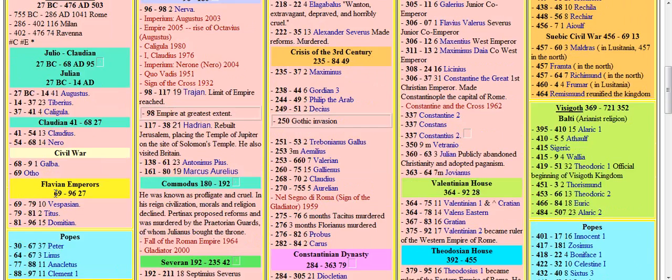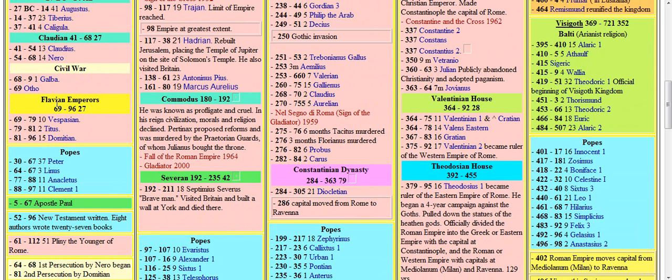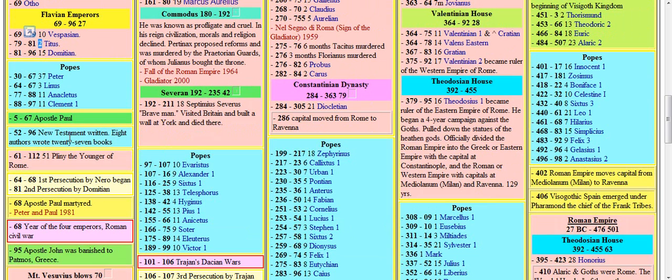Then the Claudian, with Claudius and Nero, and then a civil war with Galba and Otho. Then you have the Flavian emperors with these 3 guys, and this is how long each was. And of course you had popes at the same time. At this time it was like a backwoods religion.